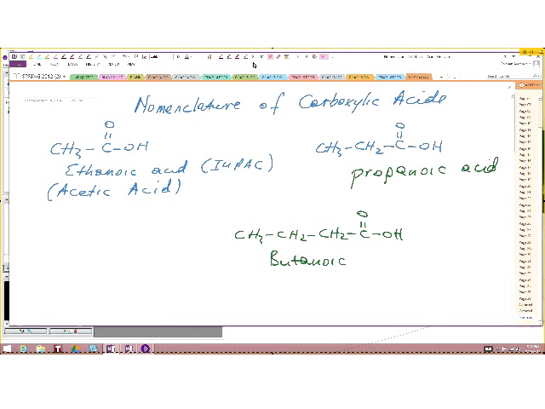Okay, let us increase the complexity of this molecule now.